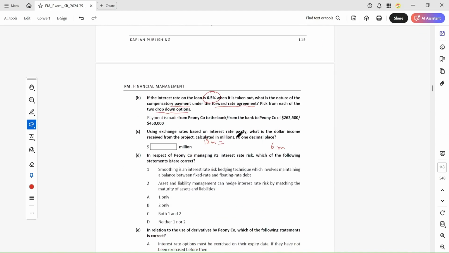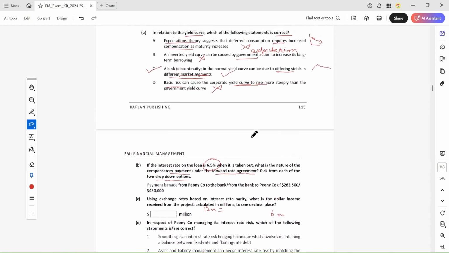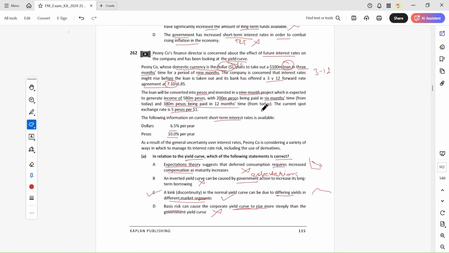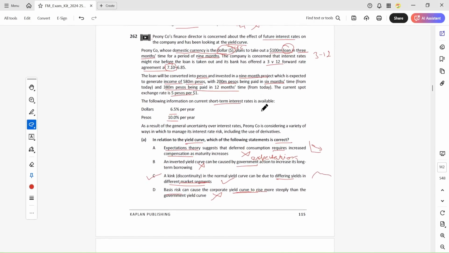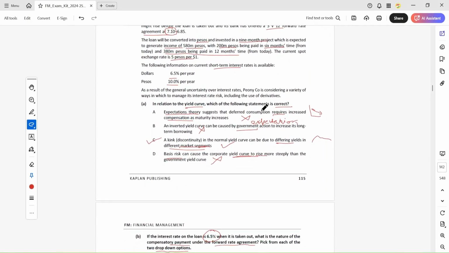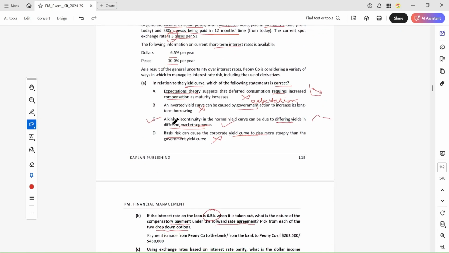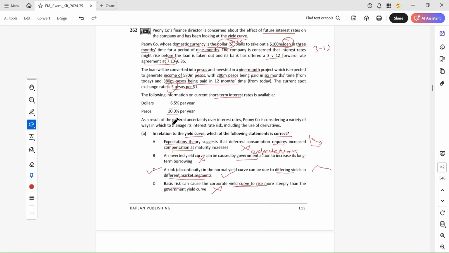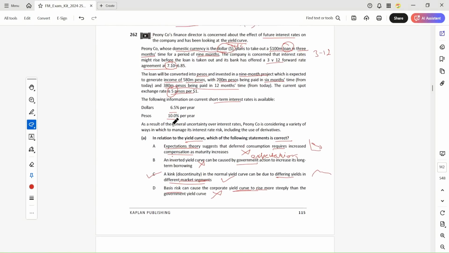Okay, the forward rate. Current spot is 5, so 5 divided by the interest rate for 6 months.